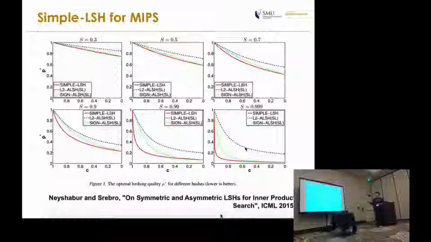Yeah, and here are a couple of experiments taken from the papers. You can see that the hashing quality of this simple LSH scheme is actually better compared to the previous two asymmetric locality sensitive hashing schemes. This quantity is defined as a metric to evaluate the quality of the hashing.